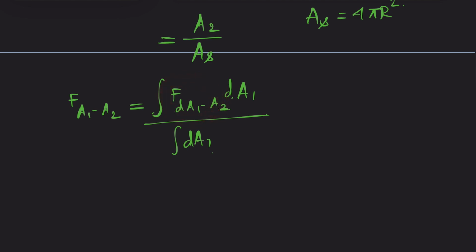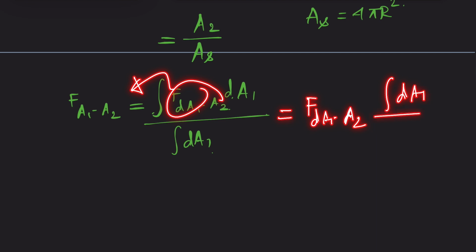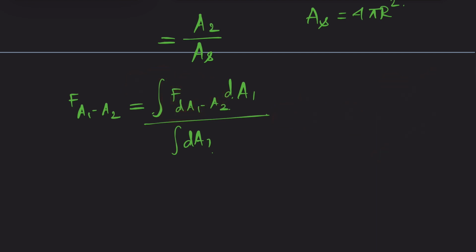So A2 is a finite area which is constant with respect to dA1, AS is also a constant with respect to dA1. So this I can take out, so it will be f dA1 A2 into integral of dA1 by integral of dA1. So that will be cancelled out. That means this is ultimately boiling down to only f dA1 A2, and that is equal to A2 by AS.